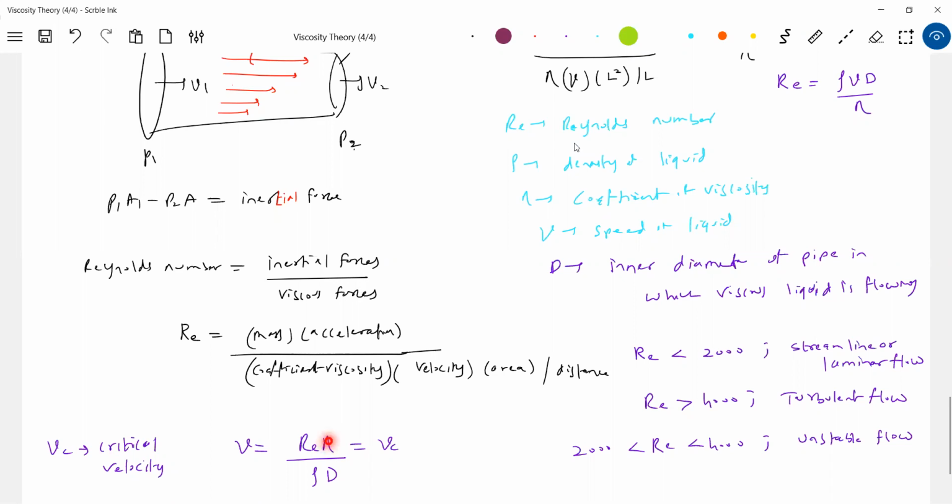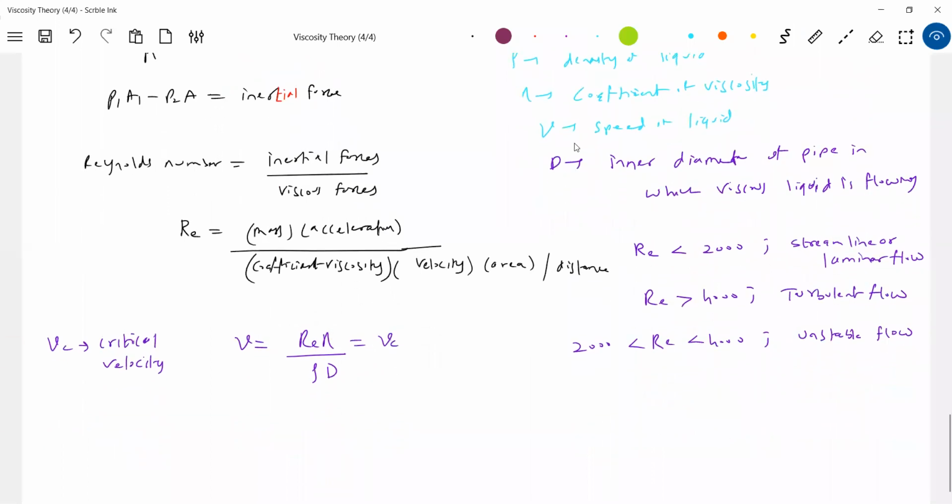I know the density of liquid and the diameter of the pipe through which that liquid is passing. Then I'll get the critical velocity. Then I put a condition: if V is less than VC, streamline. If V is greater than VC, it will be turbulent.